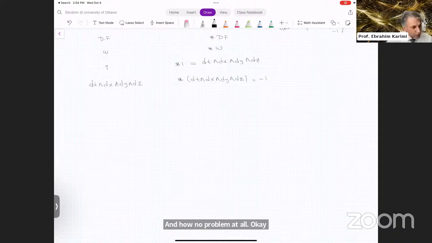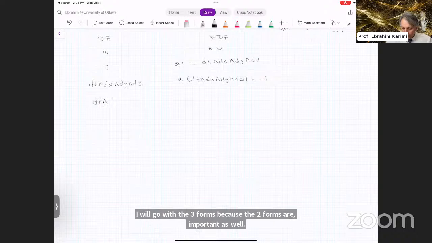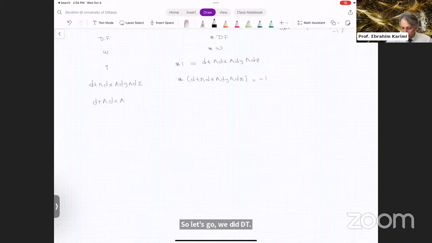Now let's go with another example. I will go with the 3 forms because the 3 forms are important as well. So let's go with dt, dx, dy. This is one of the 3 forms. What is the star of dt, dx, dy?